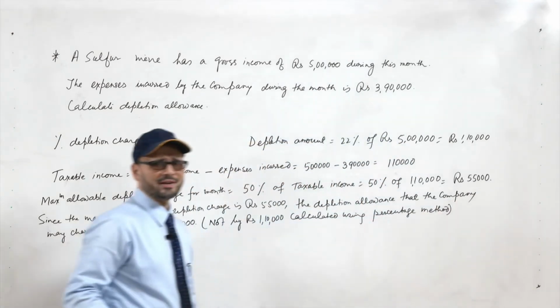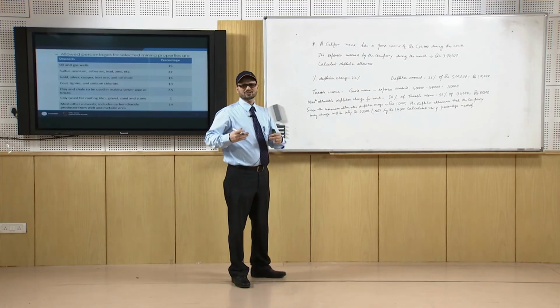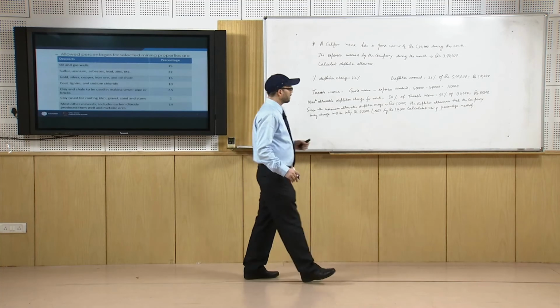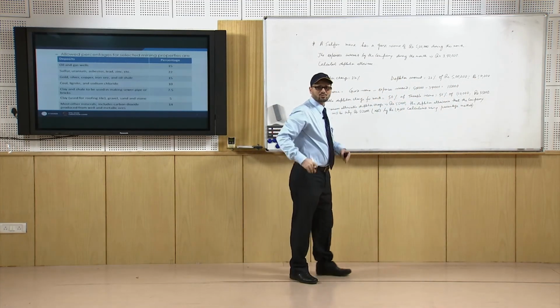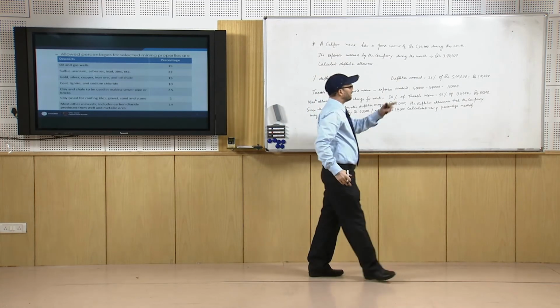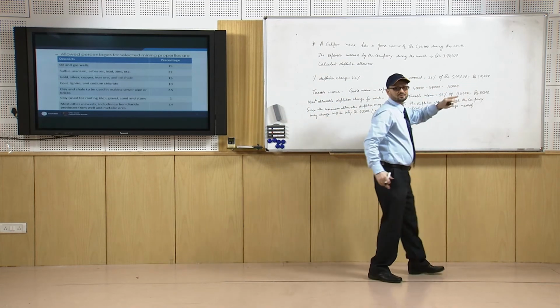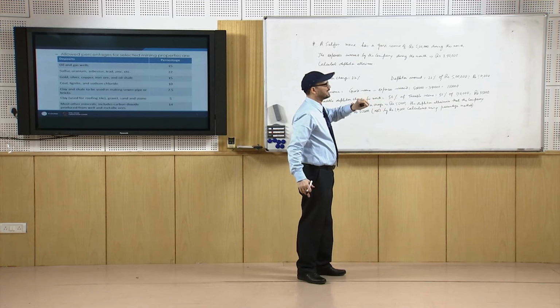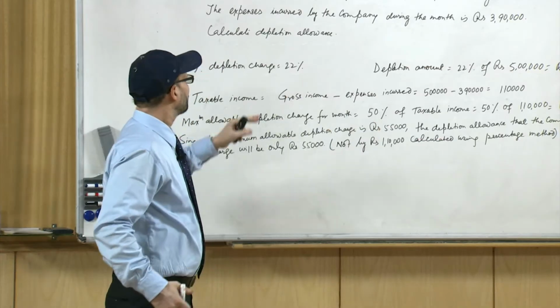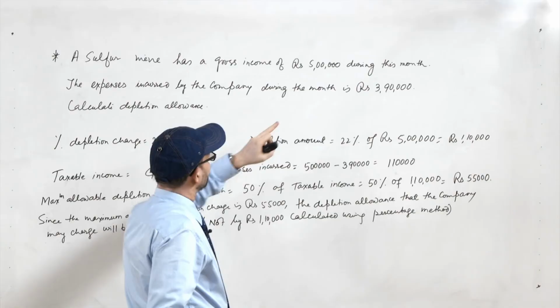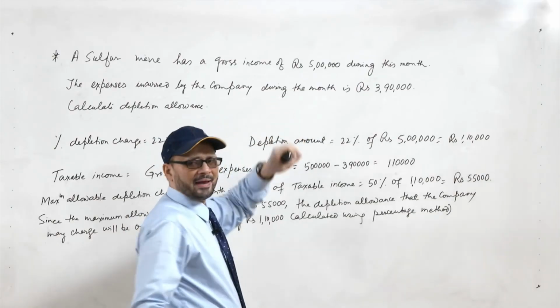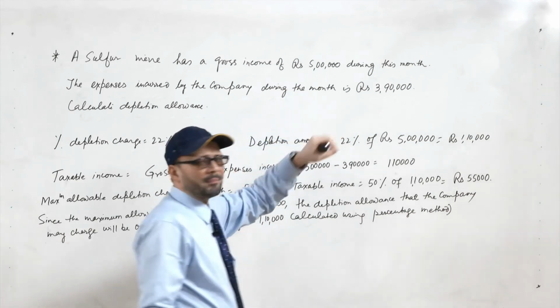So, as we were discussing, we will face many situations when the amount of depletion calculated will be quite large. Basically what happens is that the company has put in a large amount of expenses as investment to mine the sulphur.